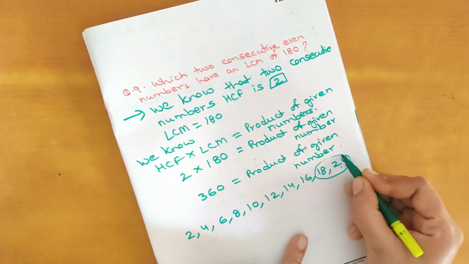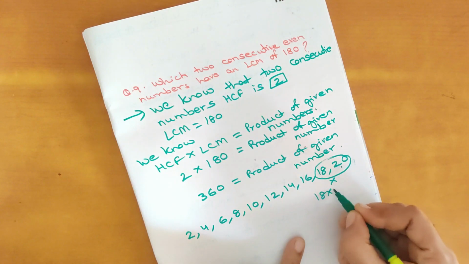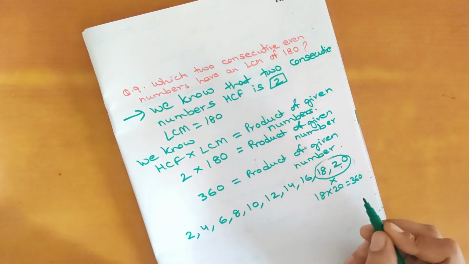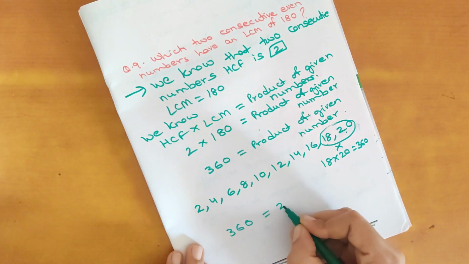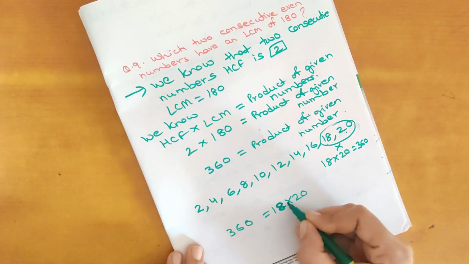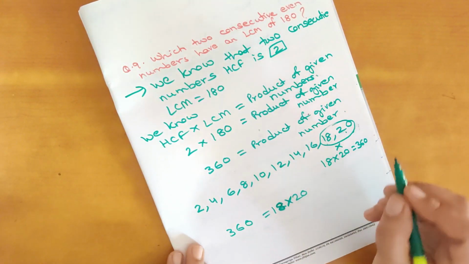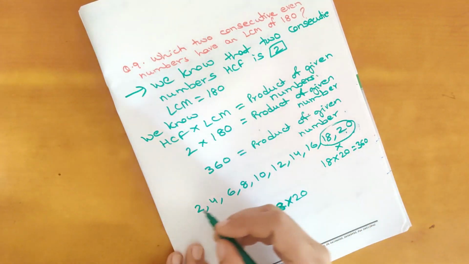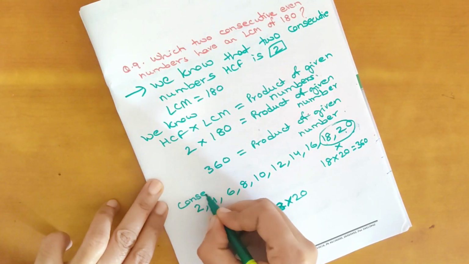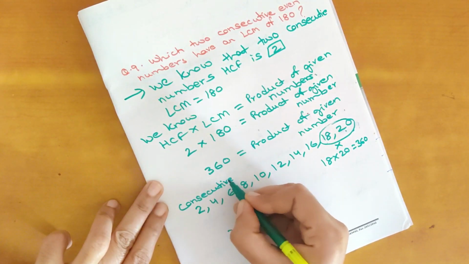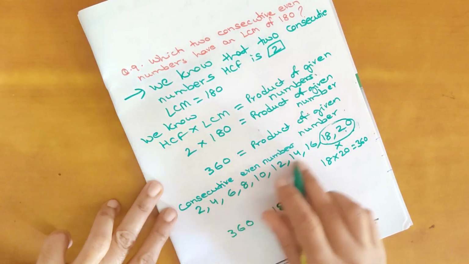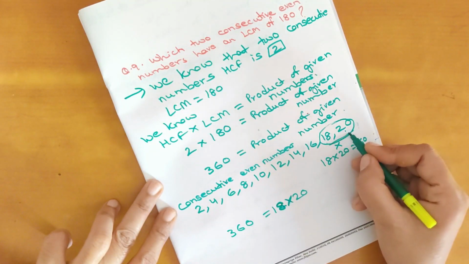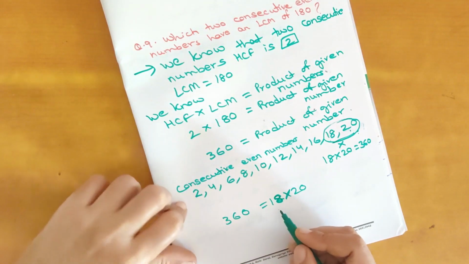So this pair, after multiplying 18 into 20, we will get 360. So 360 is equal to 18 into 20, because they are two consecutive even numbers. Consecutive evens are these. So the product of 18 and 20 we get 360.